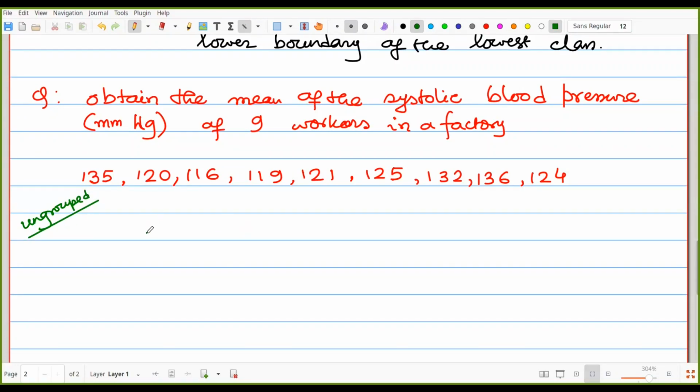Simply we can find the mean, mu, as the addition of all the data, which gives us 1128, divided by the total number of workers, 9. That gives us near about 125.33.